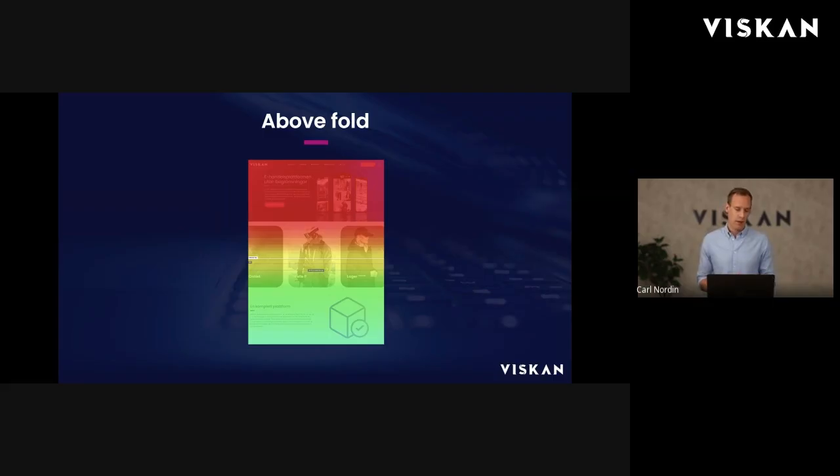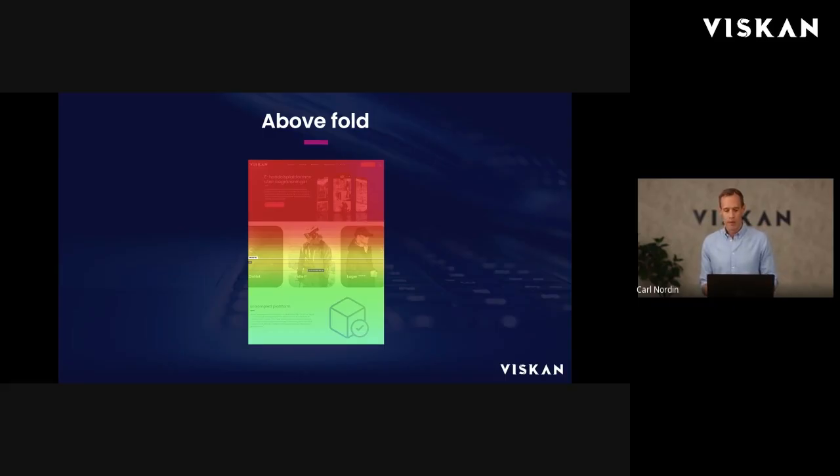So basically, this is an image of Viskan's start page, which is fairly good. But if it were even worse, you would see that the color would be even darker blue. And the darker the color gets, the more the interest decreases significantly further down on the page. And that shows you how important it is to actually put the most important information at the top of your page.